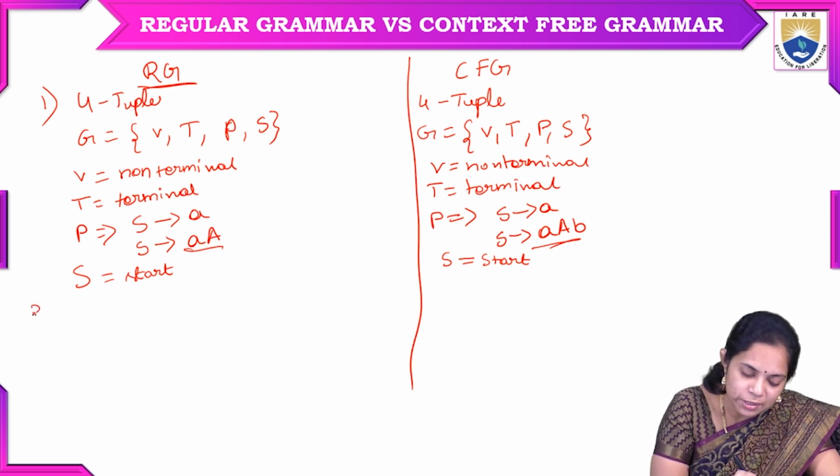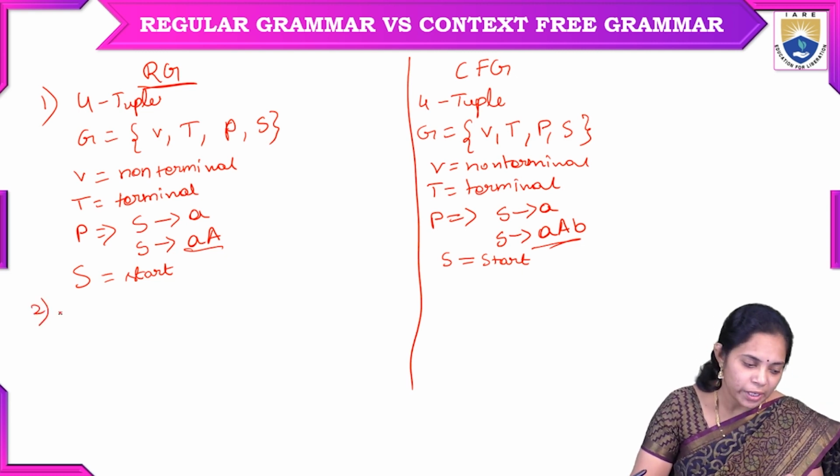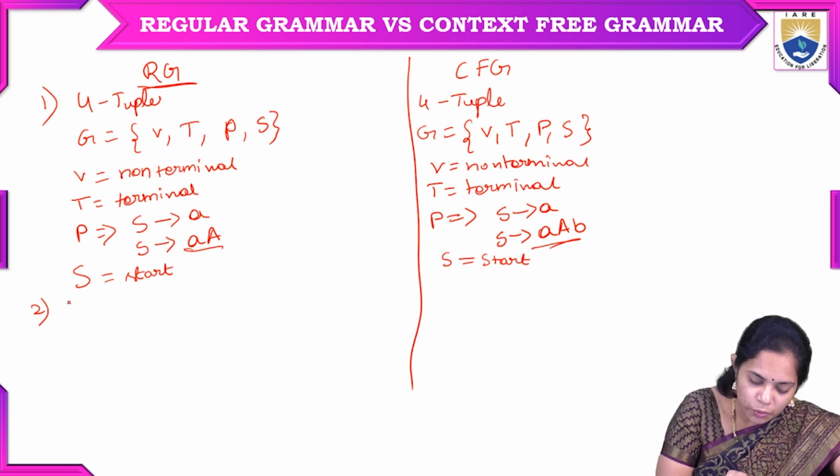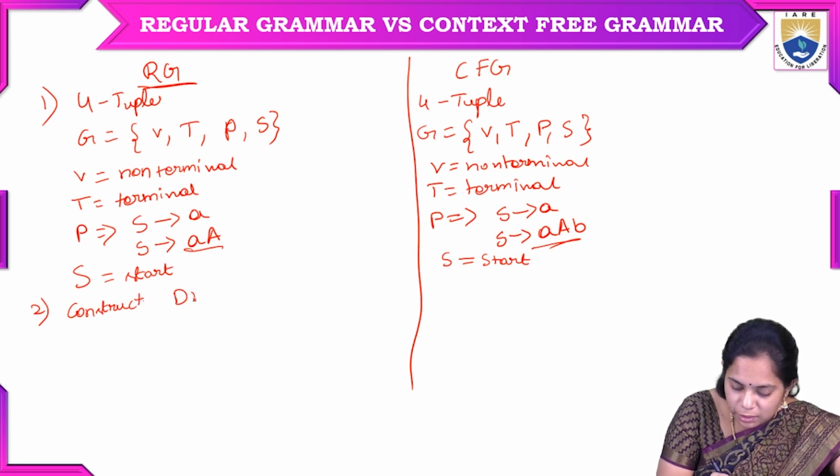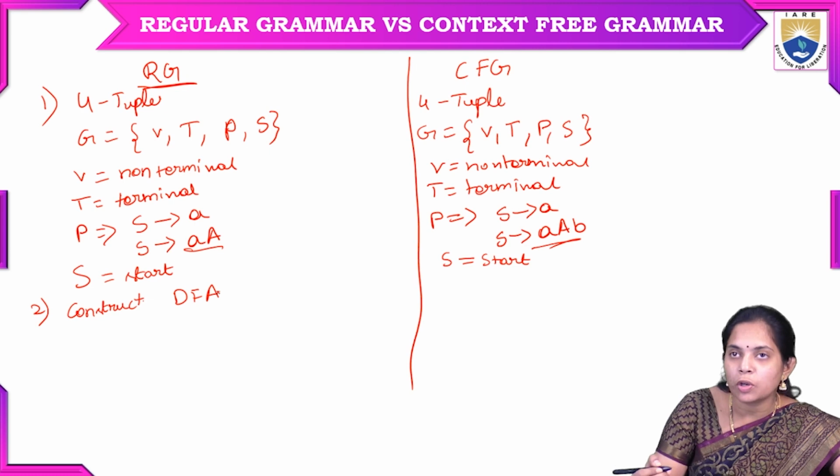And one more difference: with the regular grammar we can construct a DFA, a deterministic finite automata.